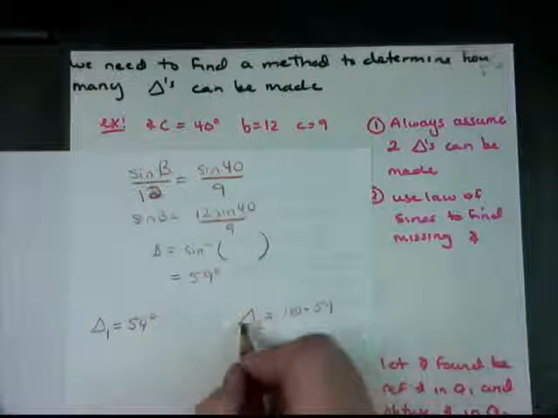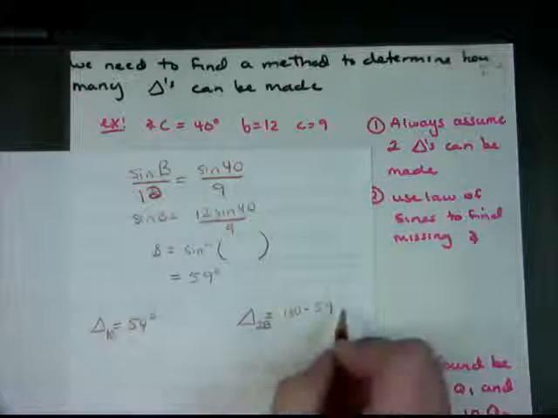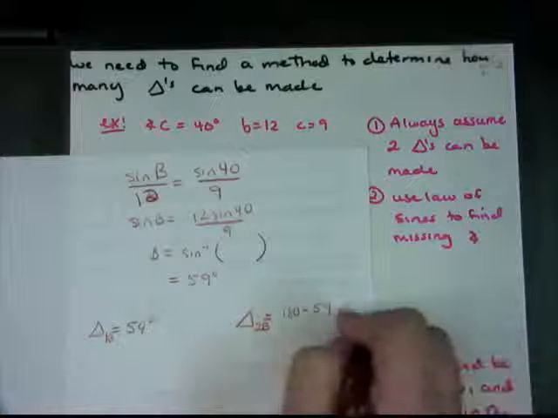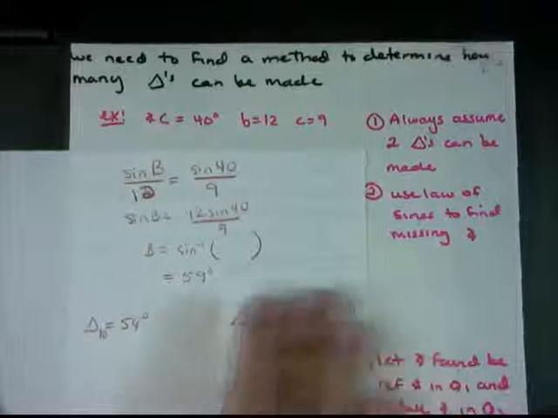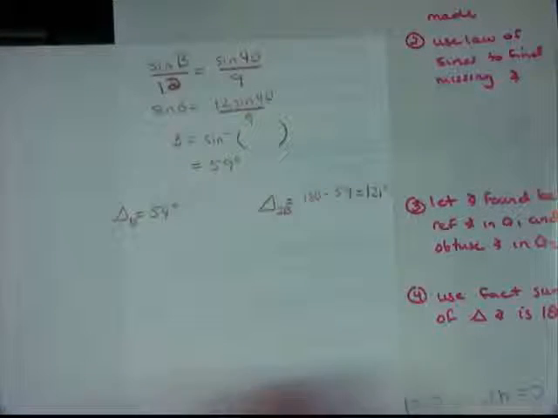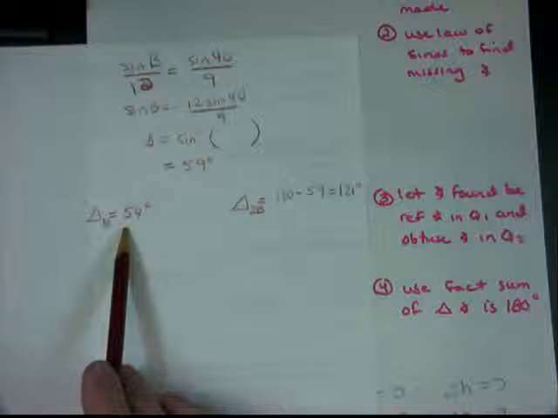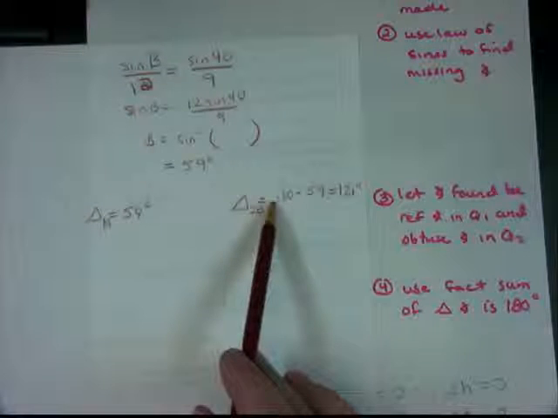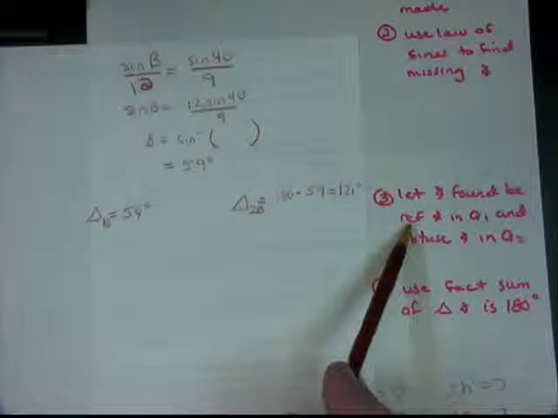So triangle 2, angle B, would be 180 minus 59, or 121 degrees. And this is always going to be the case. We're always going to let the angle we found be the reference angle in quadrant 1, and subtract it from 180, and that's going to be the obtuse angle in quadrant 2.